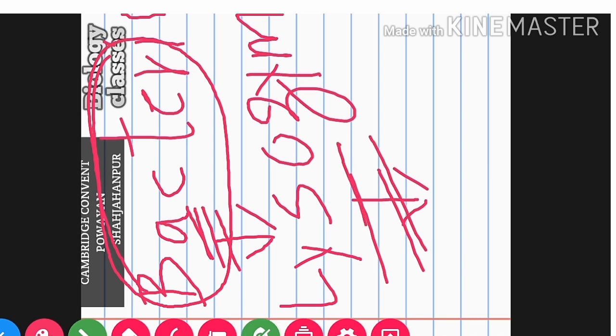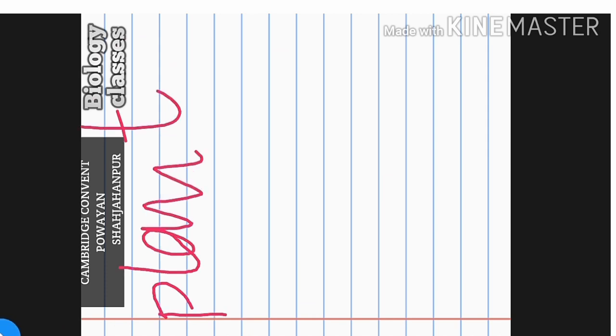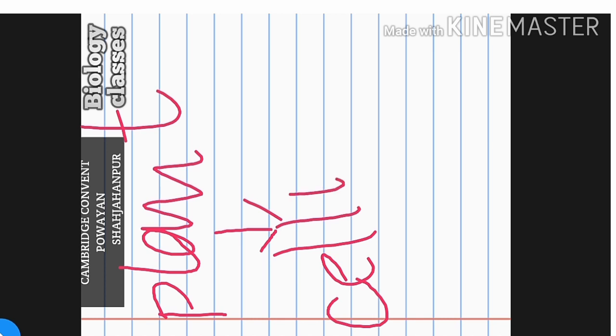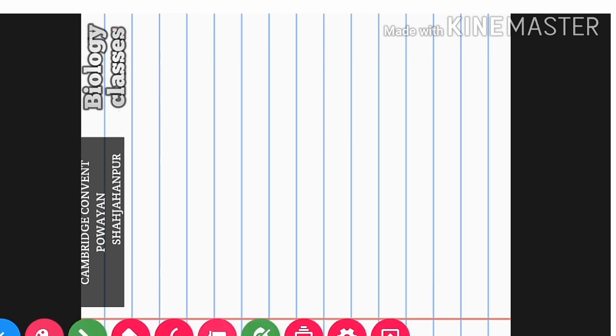In plant cell, the cell wall is made up of cellulose. That's why for isolation of DNA we will use the enzyme cellulase. Clear? So when we want to extract the DNA from plant cell, we will use the cellulase enzyme.